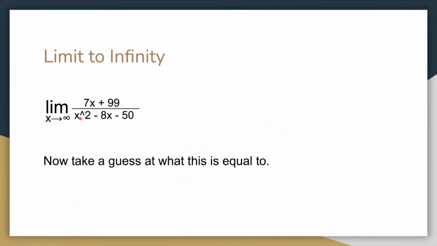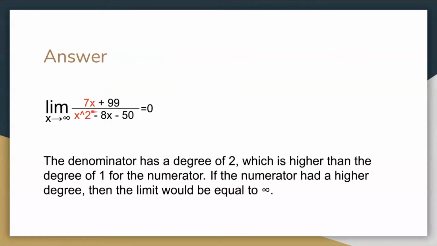All right, and now this is a little more tricky, but I encourage you to take a guess. What do you think this limit is equal to? The answer is 0, because the denominator has a degree of 2. You have x squared in the denominator, and that's higher than the degree of 1 for the numerator.